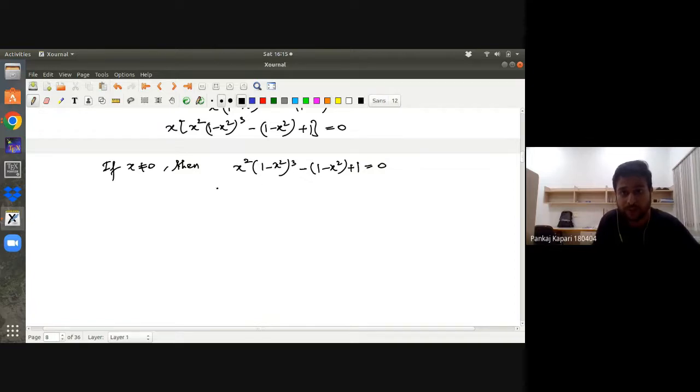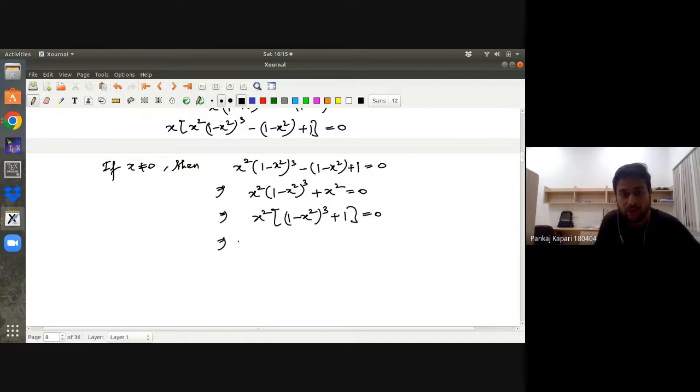Now we simplify it further. When you open this bracket, the 1 will be negative, so this is minus 1 and plus 1, which cancel with each other, and you will be left with x square. Again, you can take x square common: x square times [(1 minus x square) cubed plus 1] becomes 0.